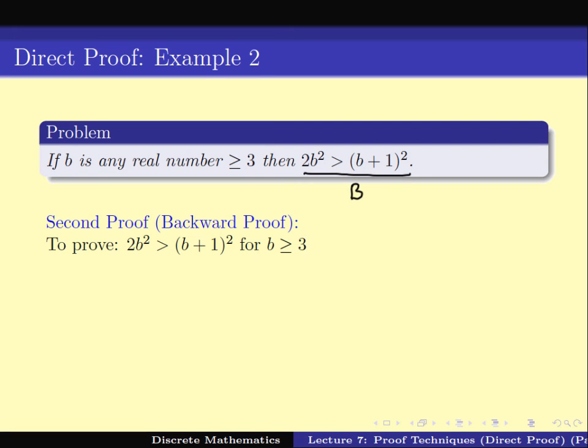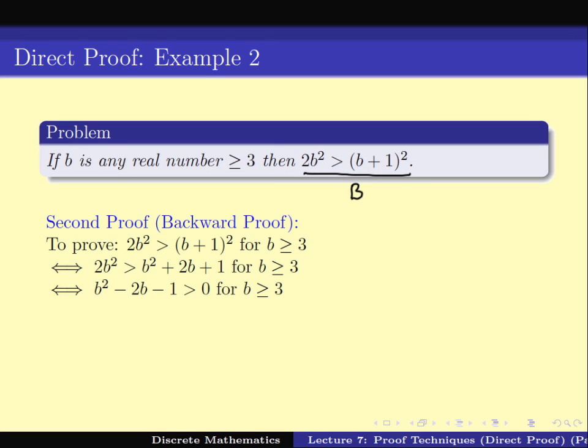So let's open up these things. We get 2b square is strictly bigger than, by opening up b plus 1 whole square, b square plus 2b plus 1 for b greater than or equal to 3. This is an equivalent statement. Now I can subtract b square on both sides, and we get b square minus 2b minus 1 is greater than 0 for b greater than or equal to 3.